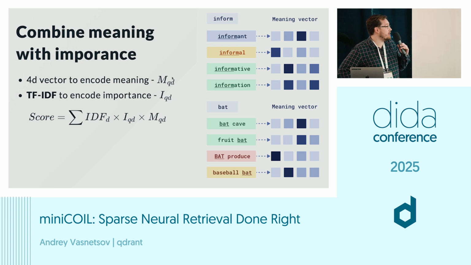And the idea here is that we combine this score from the meaning with a score from importance. This TF-IDF is basically imported from the BM25 formula directly. We only include this additional component into the formula. So it's very, very easy, very intuitive for those who already worked with text search.